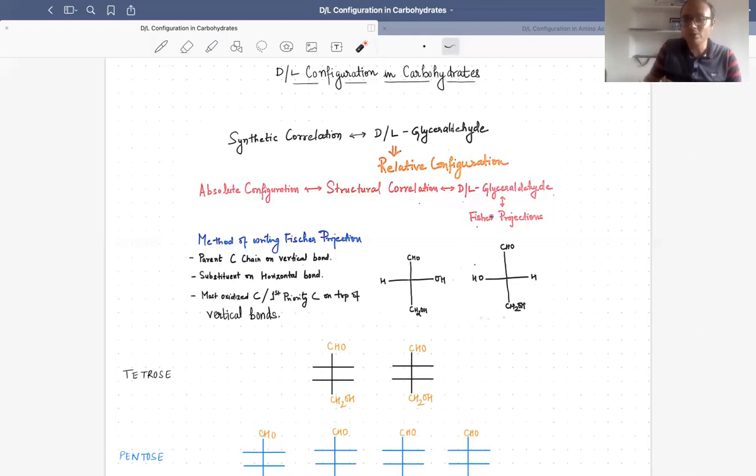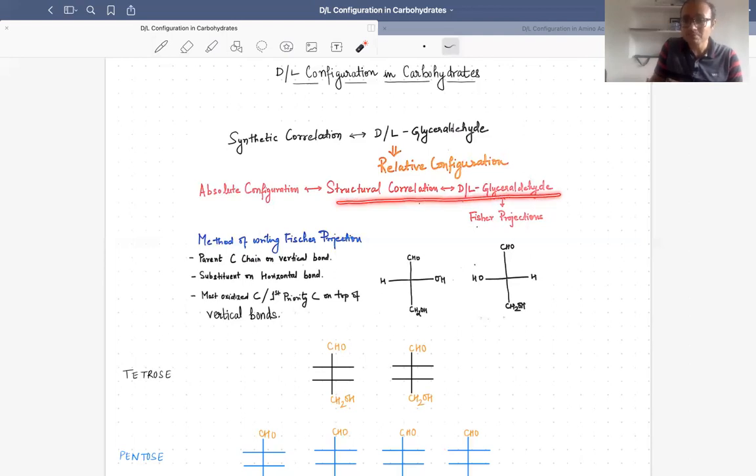Okay, and for that correlation, we use the planar formula of the stereoisomer, which we now know as the Fischer projection formula. So that is what we use in order to do the structural correlation with the D and L glyceraldehyde.